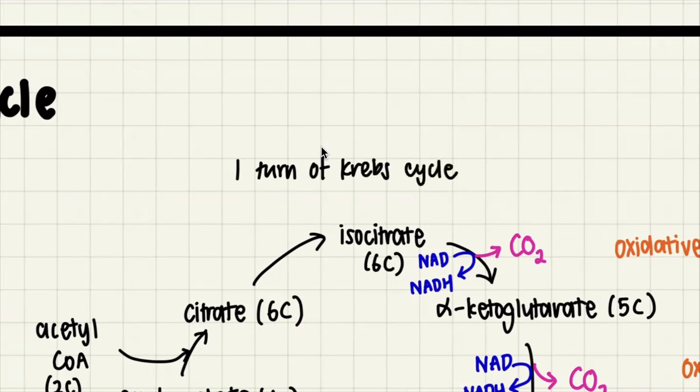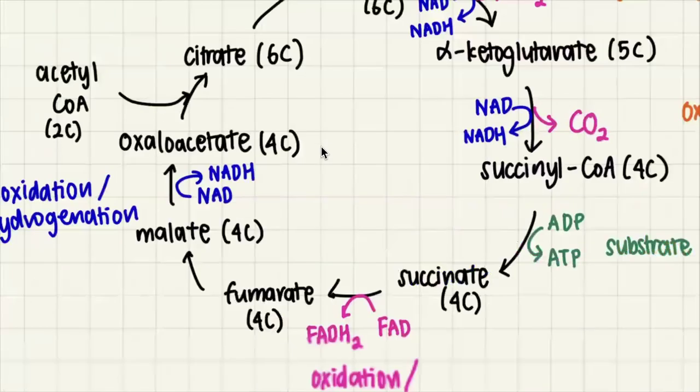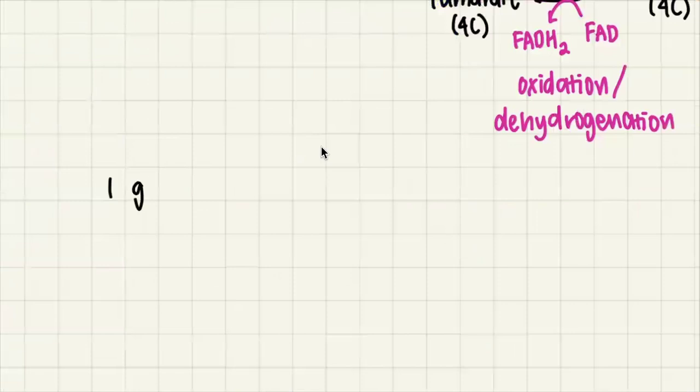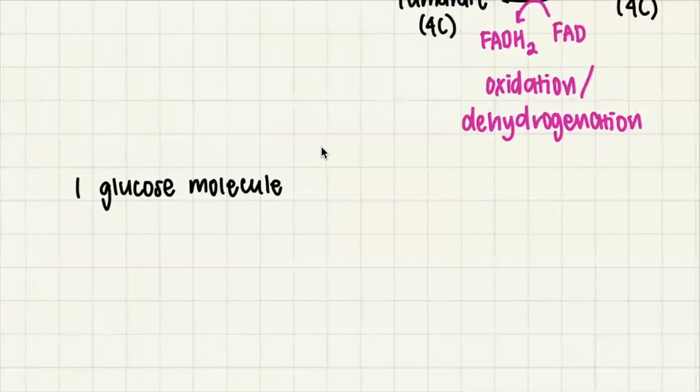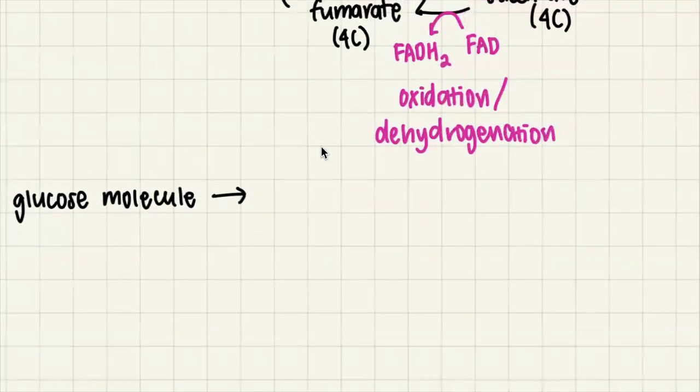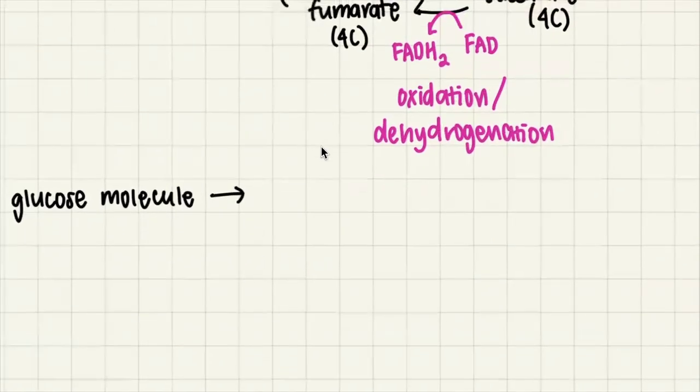But remember that one glucose molecule, during the lysis reaction of glycolysis, was split into two 3-carbon compounds, one of which is glyceraldehyde 3-phosphate. Then it eventually becomes your pyruvate, and your pyruvate becomes acetyl-CoA.